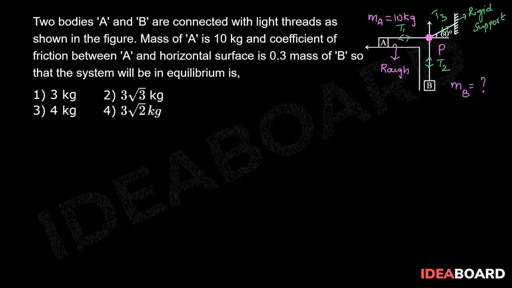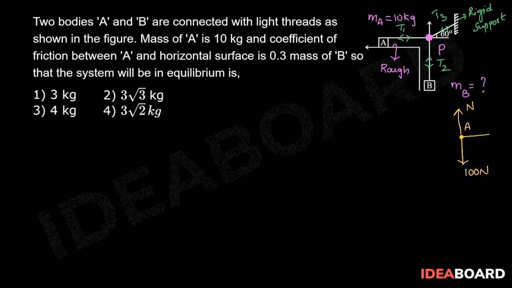Now let us draw the free body diagram on block A. Its weight, 100 newtons, acts vertically downwards. Normal force given by the horizontal floor acts vertically upwards.